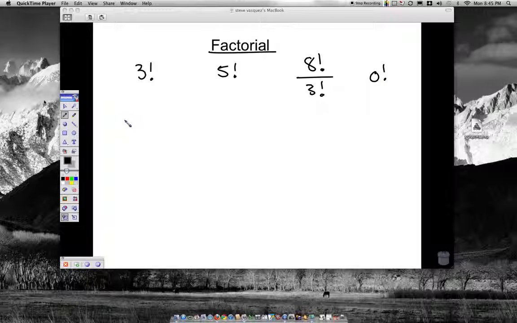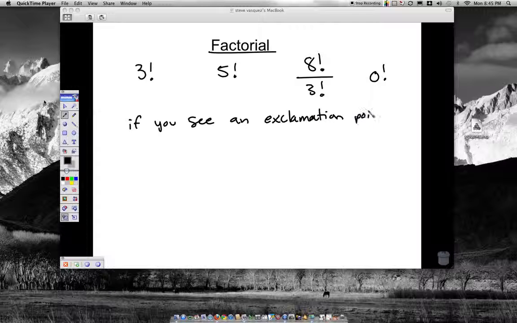So you know it's a factorial if you see an exclamation point after the number. That denotes factorial.